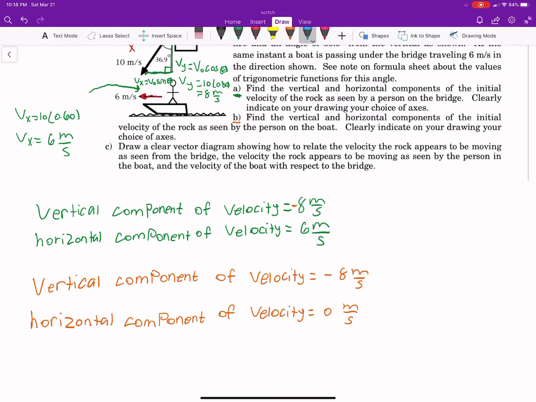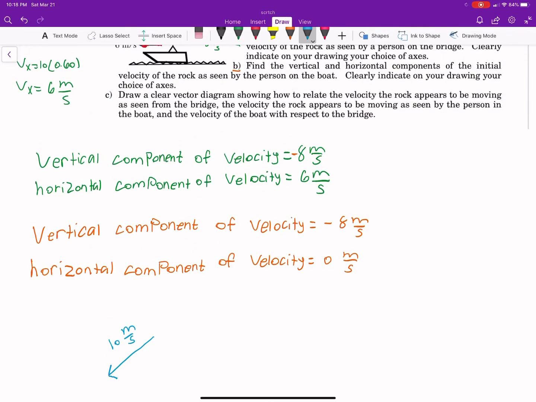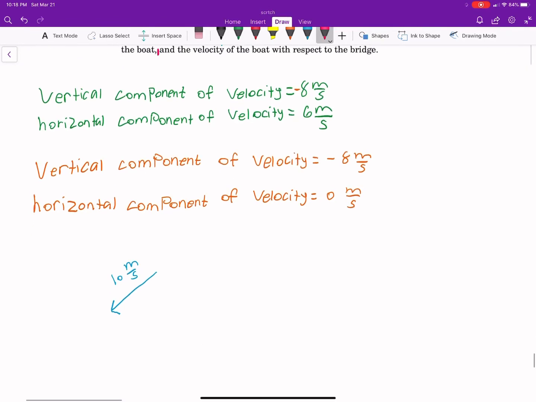So now we just need to draw vector diagrams showing how the velocity appears as seen from the bridge. Well, according to the bridge, it's got some in the x direction, some in the y direction, and ultimately has this 10 meters per second velocity. So that is for this first bit. As seen by the person in the boat, he just sees this, which is minus 8 meters per second.